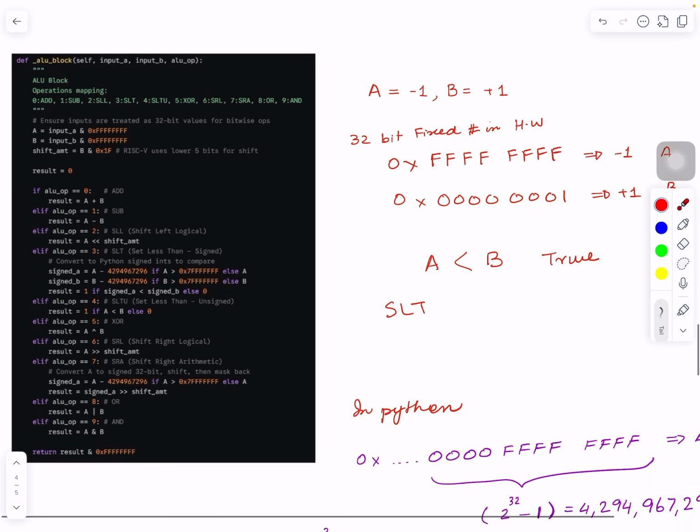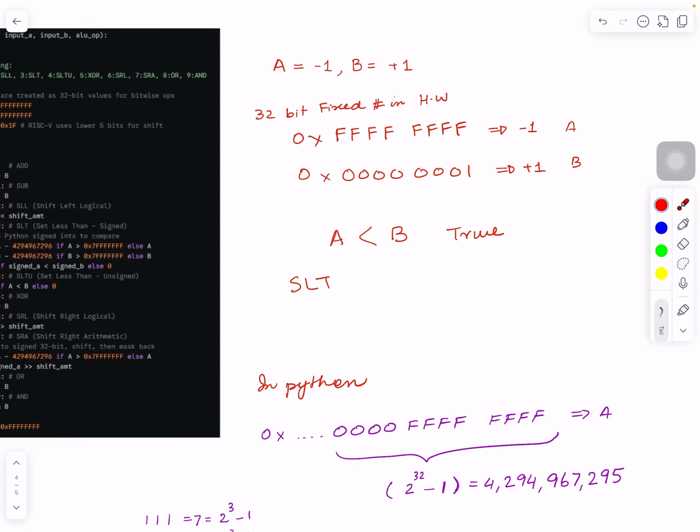All right, so if you look at, let's say A is minus 1, B is plus 1. If we have a 32-bit fixed number in hardware, and our registers and inputs are only 32-bit, there aren't any other bits there. And then we have hardware that can look at the most significant bit, and if it's 1, it knows that it's negative.